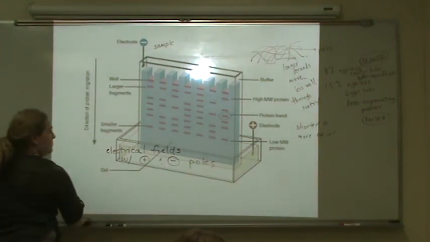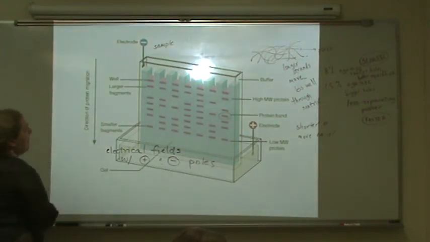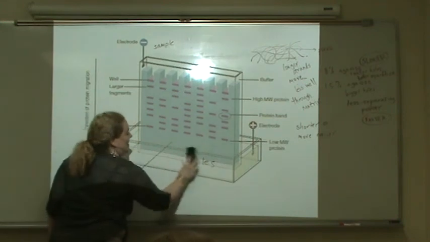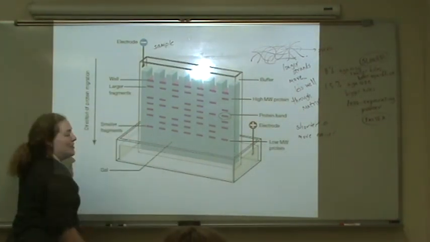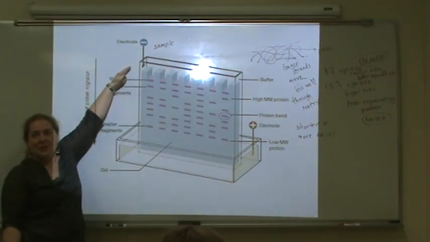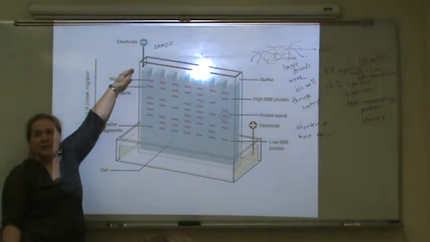And normally, when you look at a gel, the negative end of the field is going to be up at the top of the gel where the lanes are.